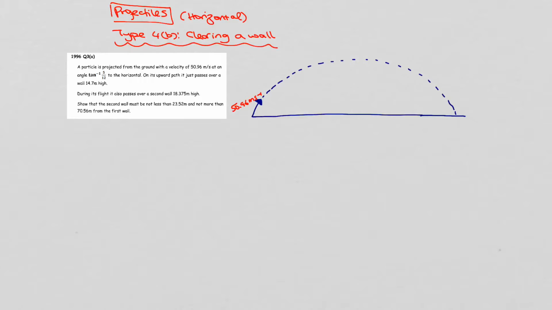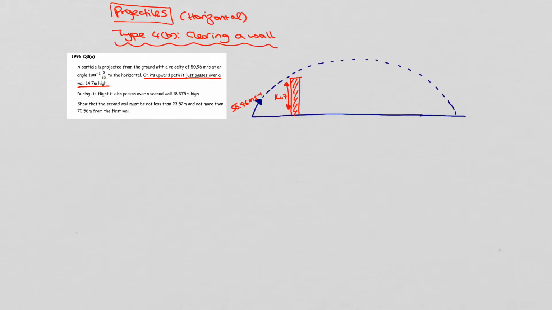So we're given a wall which is 14.7 meters high, and we're told on its upward path it just passes over the wall. So that means the wall is somewhere around here in its upward path, and it's just passing over that wall. So that wall is 14.7 meters high. So that would be your SY.